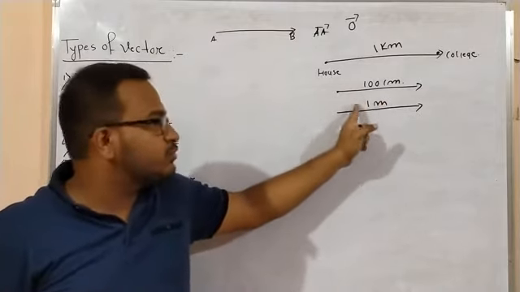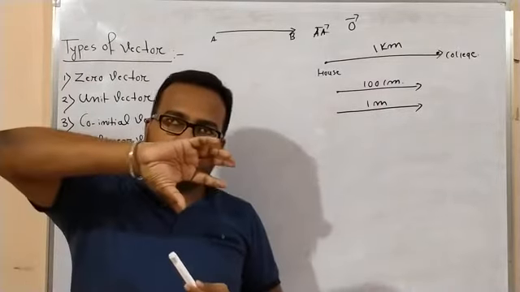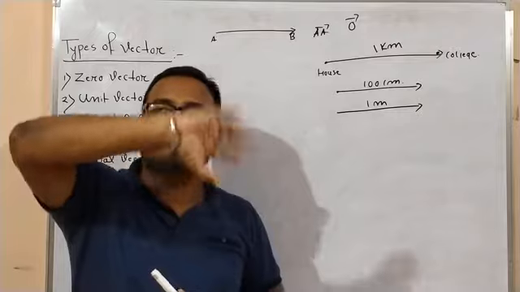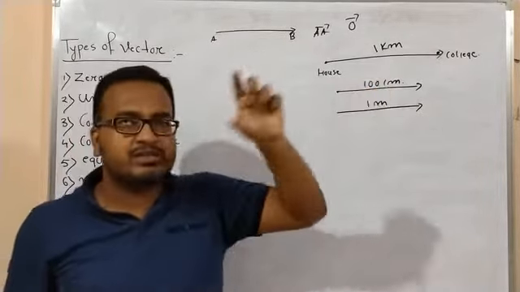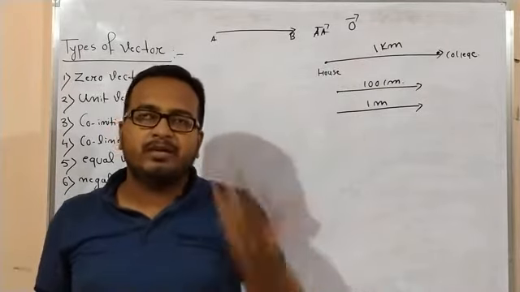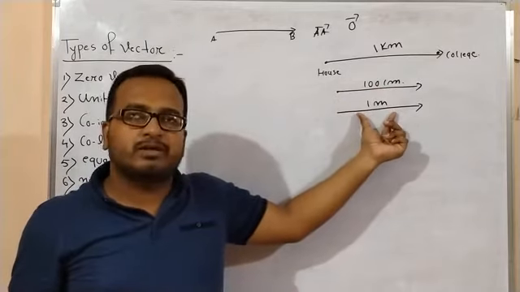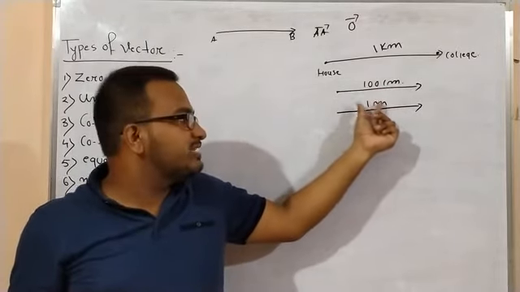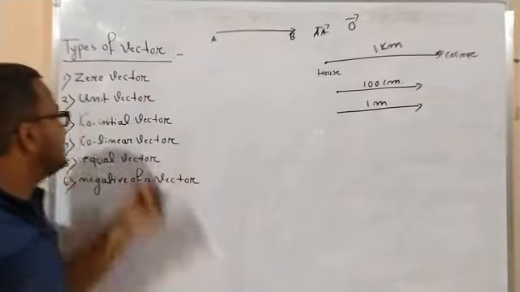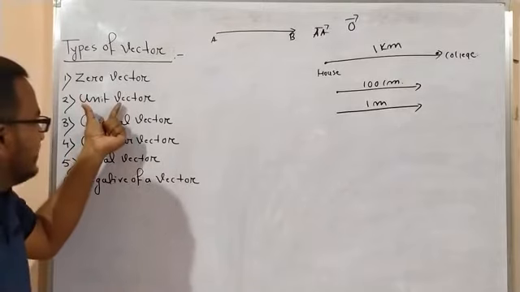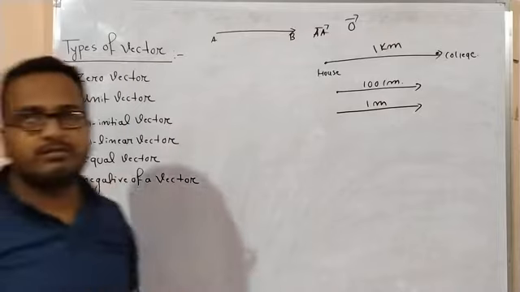So a unit vector is nothing but a vector whose magnitude must be 1 of that unit. Here its magnitude is 100 centimeter, 100 of that unit, so it will not be considered a unit vector. Now this will be considered a unit vector, because its magnitude is 1 of that unit, that means 1 meter. This unit vector has lots of use throughout vector algebra.